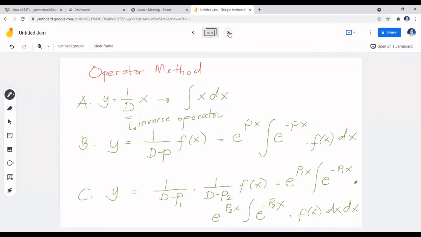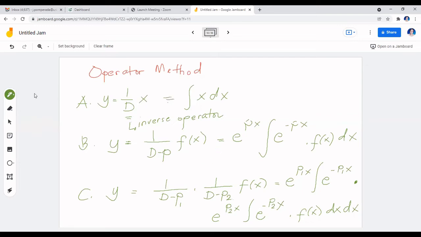But before I give you specific examples here, there are three particular formulas that you will encounter in this operator method. And how this formula is to be interpreted is something that I have written here. Okay, I will just place here an equal sign. That way, it's uniform in presentation as the others here.